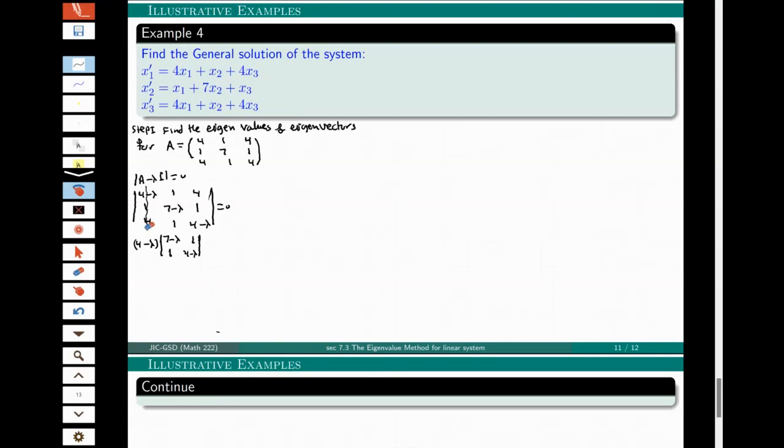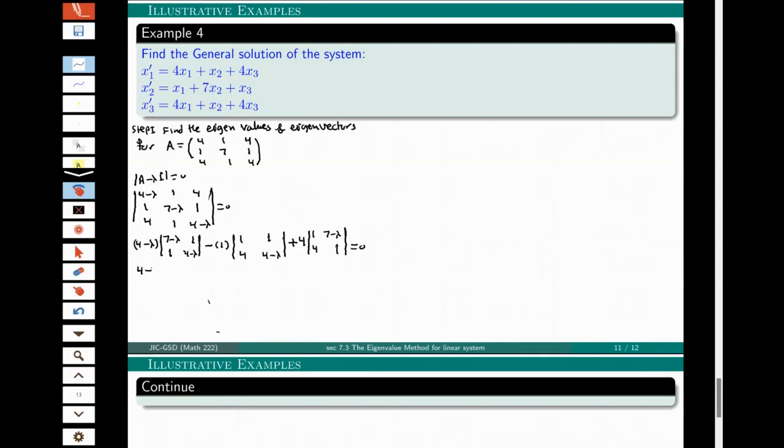Now, the location is minus, the element is 1, and the minor of 1 will be 1, 1, 4, and 4 minus lambda, plus 4, and the minor of 4 will be 1, 7 minus lambda, 4, and 1, equal to 0.